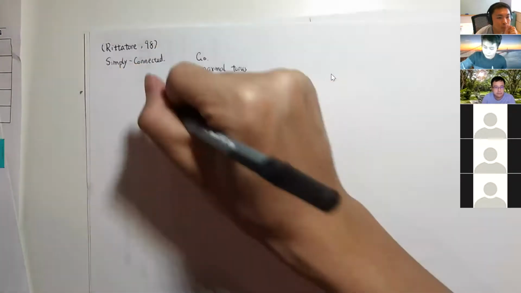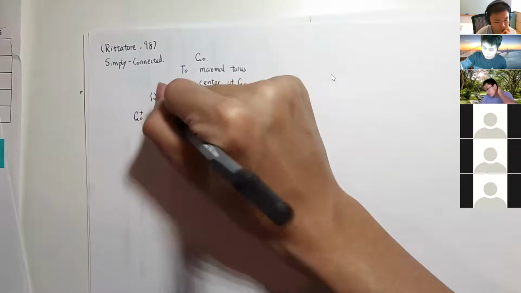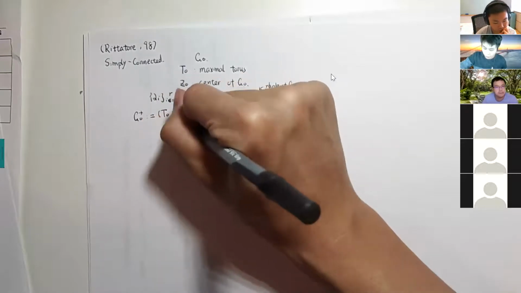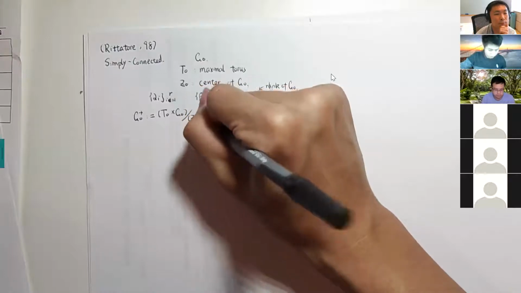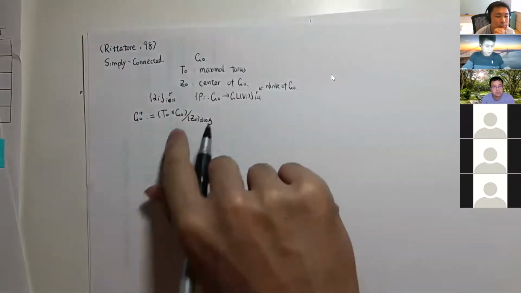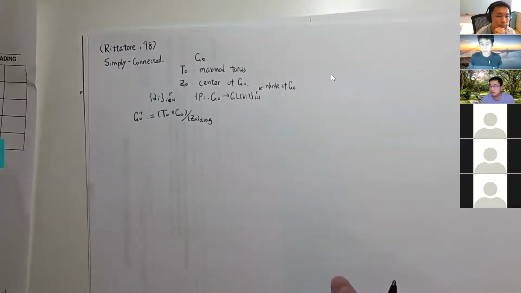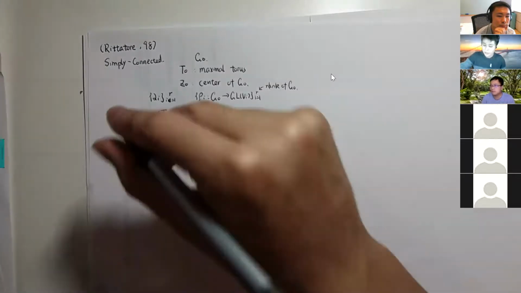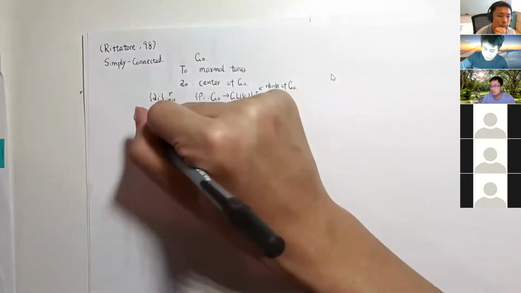We define the following group, G0 plus, to be the product T0 with G0, quotient by the diagonal embedding of Z0. This is a reductive group with derived subgroup G0 and center T0. So we can extend this alpha I and rho I to G0 plus.